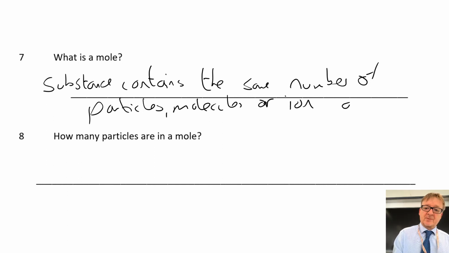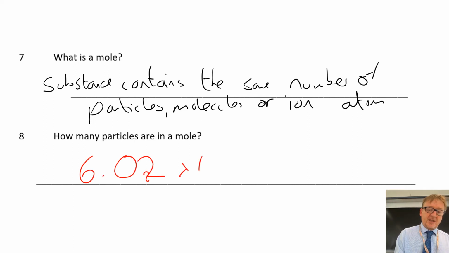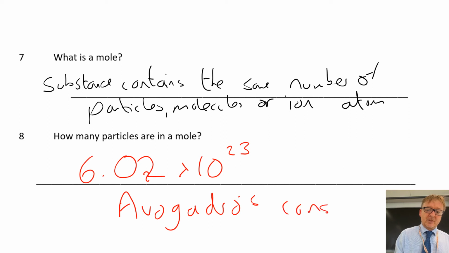Okay, it could be atoms as well. How many particles are in a mole? There is, and this is a good number, 6.02 times 10 to the 23. And that is Avogadro's constant. Okay, so if there's 1 mole of me, there'll be 6.02 times 10 to the 23 of me, which would be awesome.